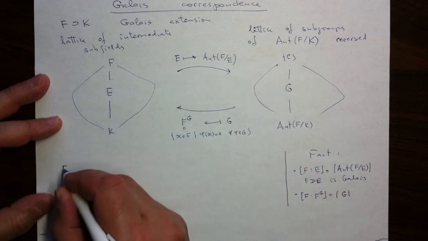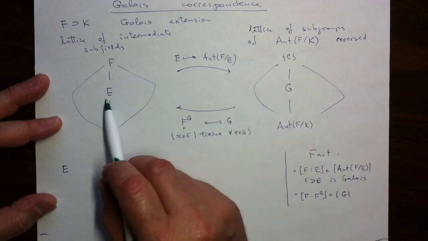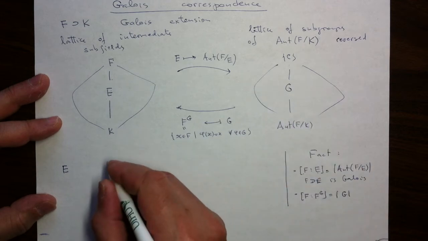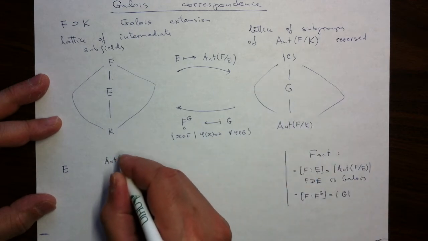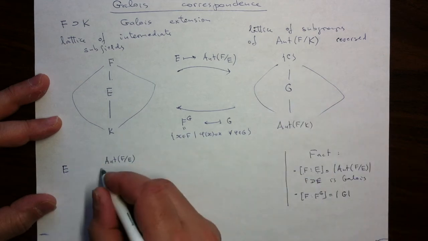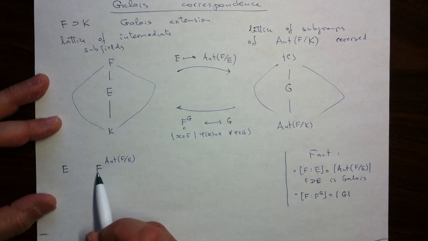So I'm starting with the field E, and if I'm moving from the lattice of subfields to the lattice of subgroups, I'll have to compute this symmetry group over E, and then if I'm going back, I'll have to use it to compute the subfield of invariance with respect to this subgroup.